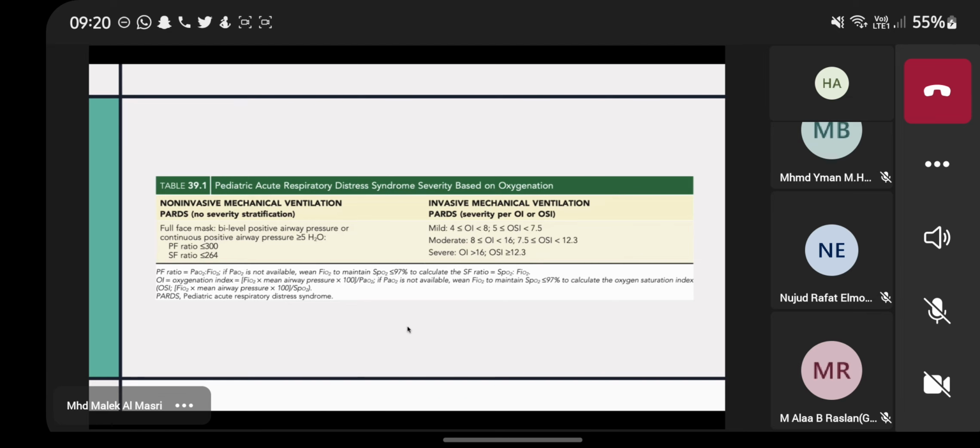The more oxygen you give while the saturation stays static, the more severe it is. This is the main idea of knowing the severity of ARDS. And if you add the other criteria of being generalized, not related to one specific disease, the main characteristic, if we want to grasp something from this lecture, is that it's a diffuse blockage of gas exchange that happens because of an influx of fluid.